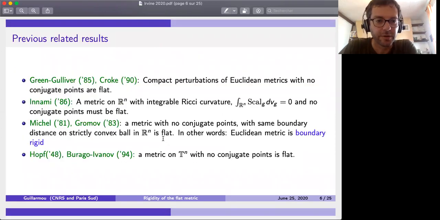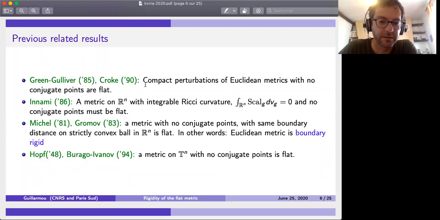There were some results already known on that problem. The first result we could find was by Green and Gulliver, and then by Croke in 1990. Green and Gulliver was in dimension 2, for the plane, and Croke was for any dimension. They were considering compact perturbations of the Euclidean metric.